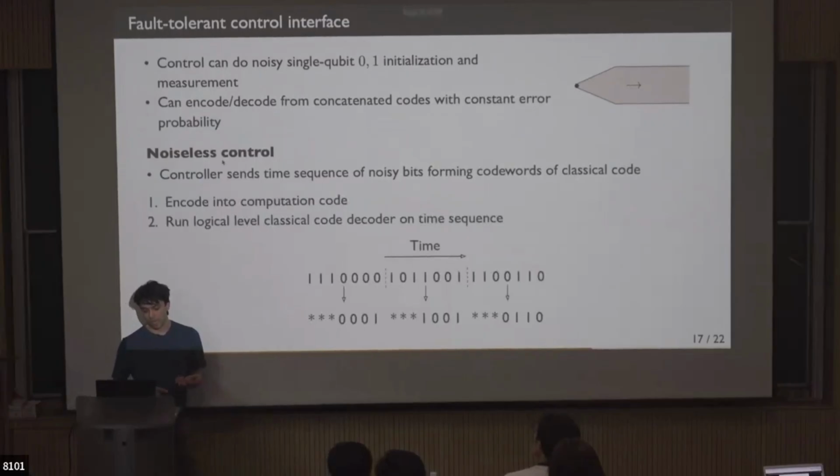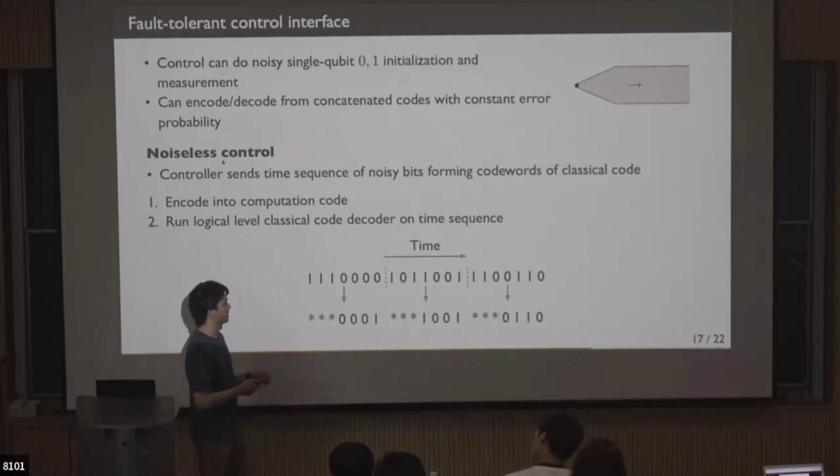Then you use this gadget here to encode this into the computational code that I have my 1D fault-tolerant scheme for. And then I run some logical-level classical decoder on this time sequence to recover from the noise that I introduced whenever I did the encoding.